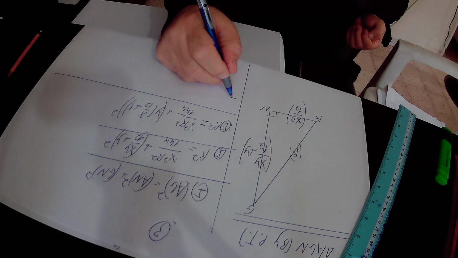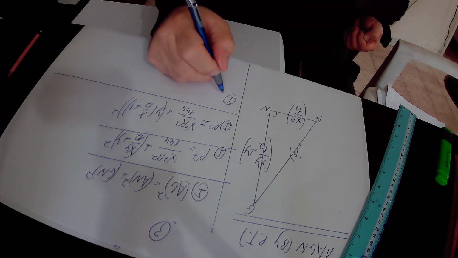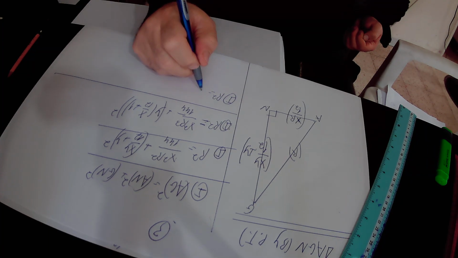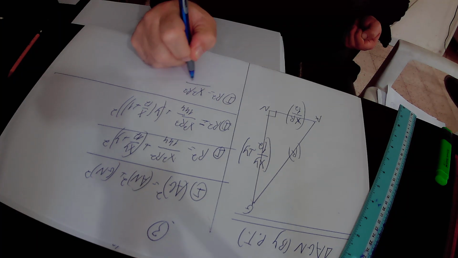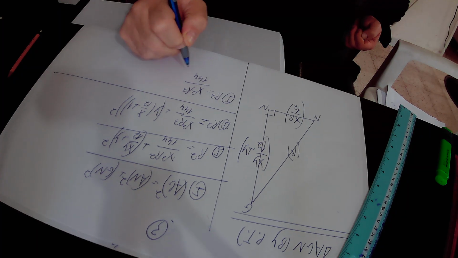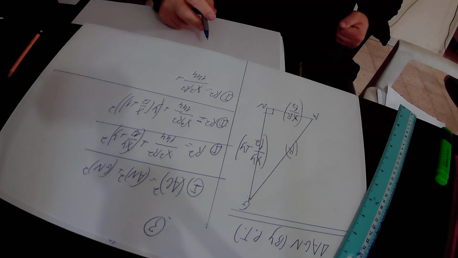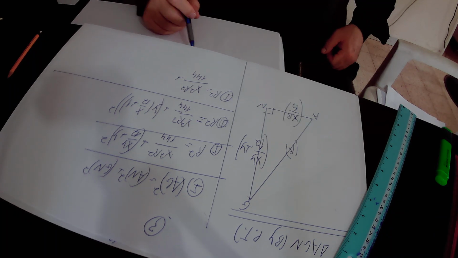So according to equation 1, we should find that R squared equals x squared times R squared over 144 plus, so here we have this expression.